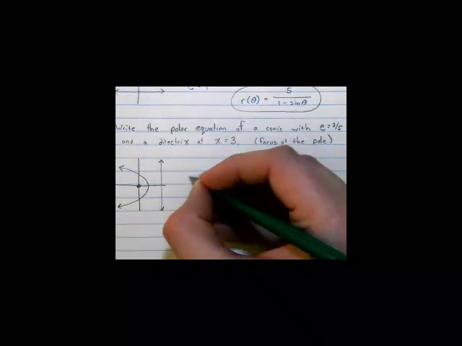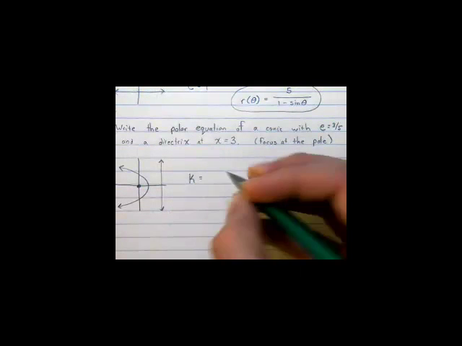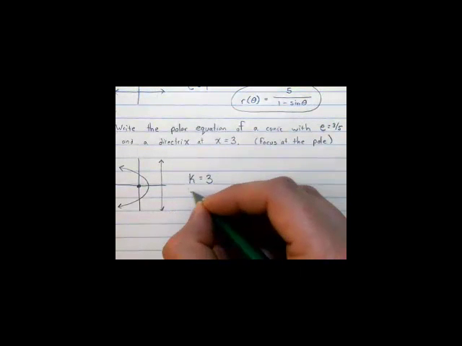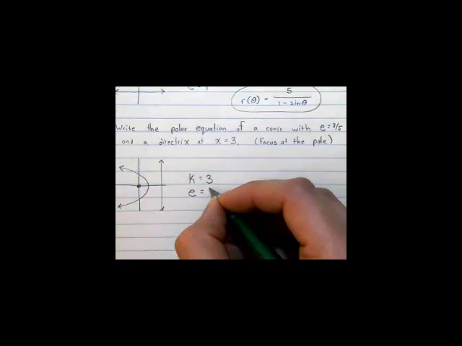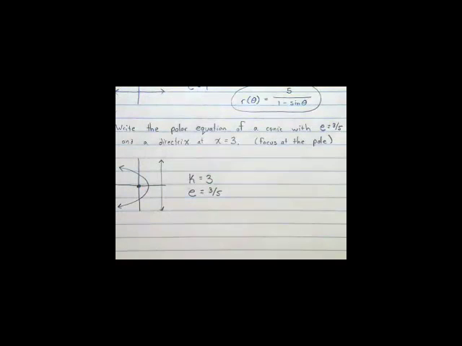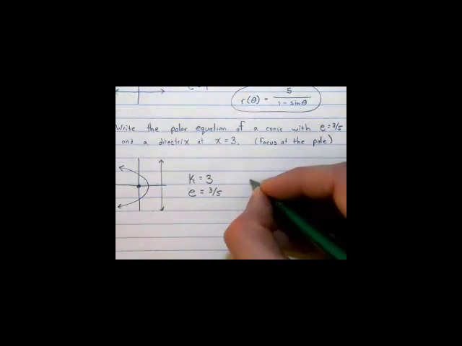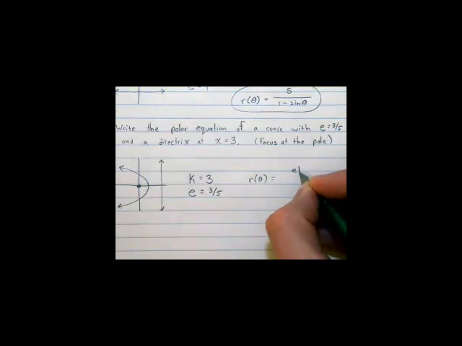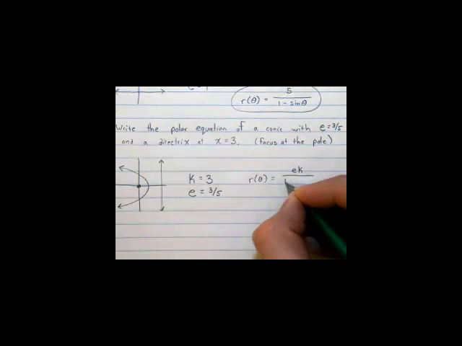So, what's k? k is 3. What's e? 3/5. So, the equation we need to use, which one is it going to be then? 1 plus cosine theta. Yep. Cosine.